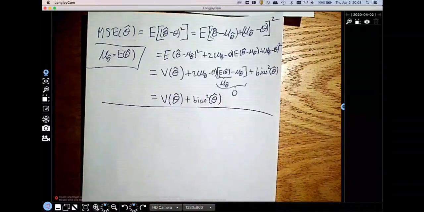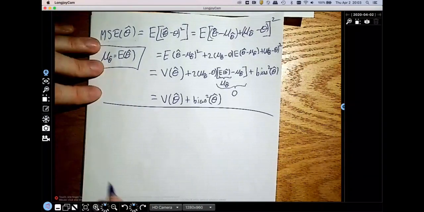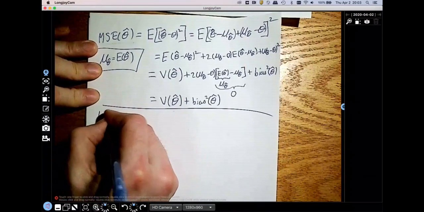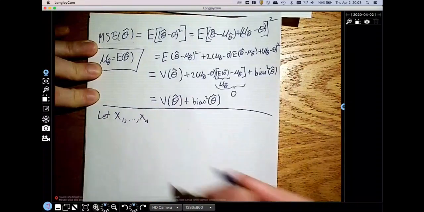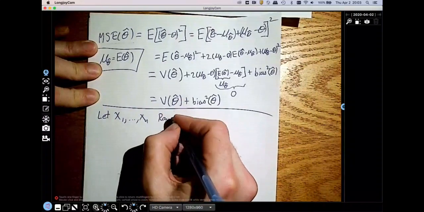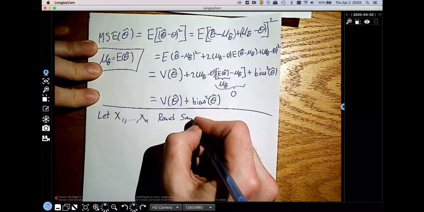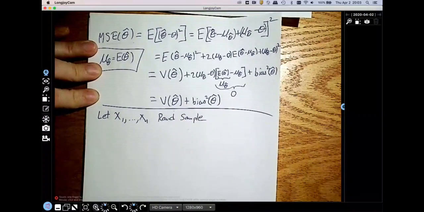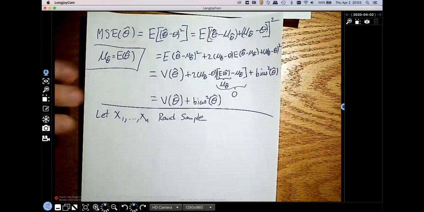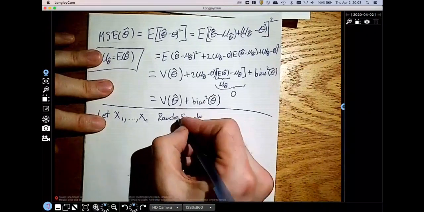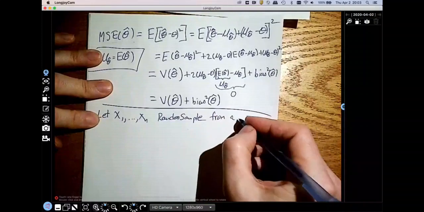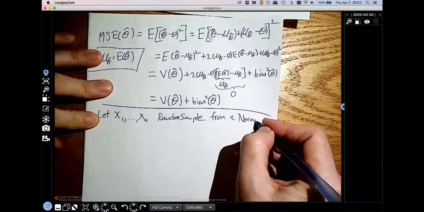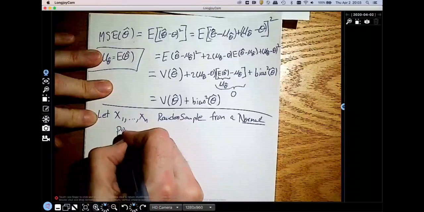We're going to go back to the exact assumptions that I had in my previous video. So let's say that x1 through xn is a random sample. Now I'm going to add a condition to this. It's a random sample from a normal population.